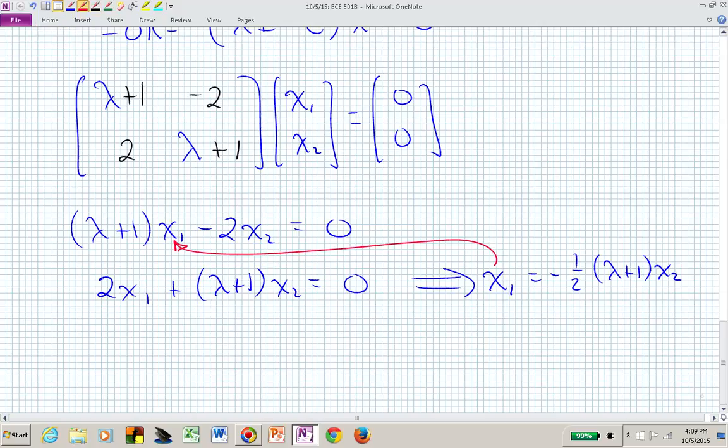And then I will have one equation in x sub 2. Meaning, if I do that, I can now say that I have the following relationship for lambda, and it includes x sub 2. I have a minus 1/2 times lambda plus 1, and I have this lambda plus 1 also, and that's all times x sub 2. That's by substituting this right-hand side in for x sub 1, and then I have a minus 2 x sub 2 equaling 0.